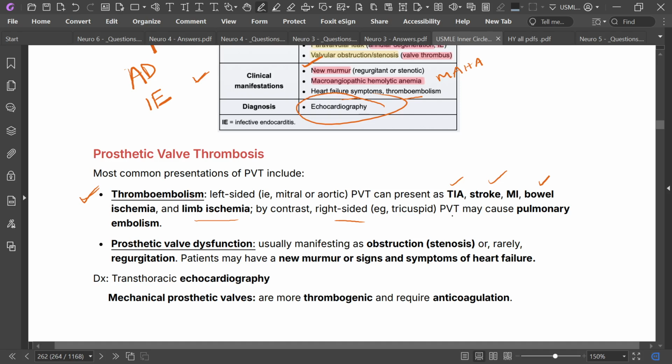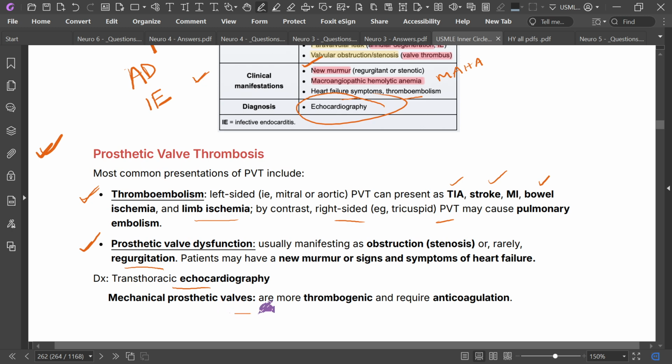By contrast, right-sided prosthetic valve thrombosis can cause pulmonary embolism. Prosthetic valve dysfunction can come with obstruction or regurgitation, and a transthoracic echocardiogram should be done.